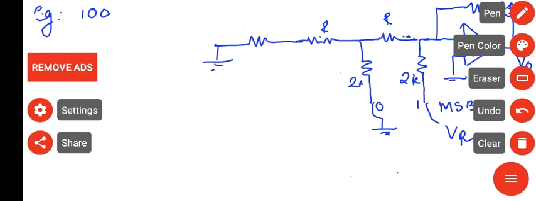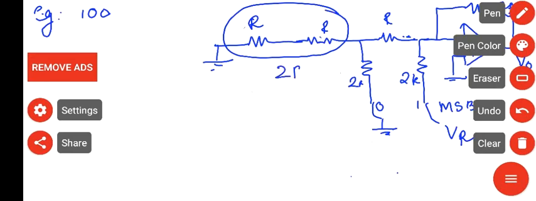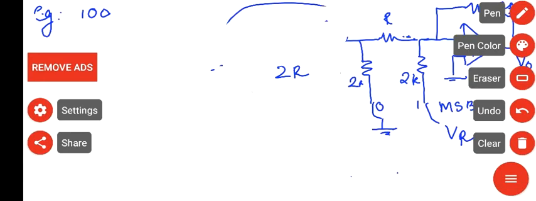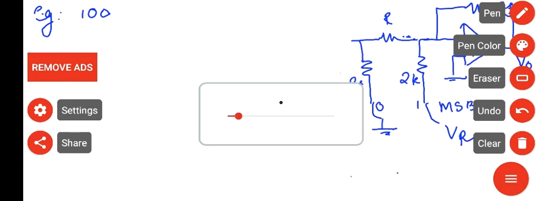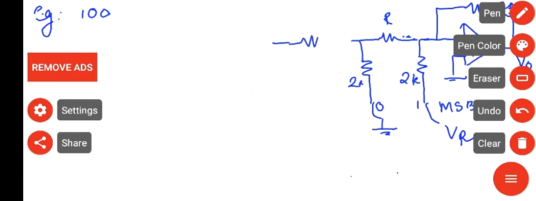It is grounded. This is R. Then this R and R are in series combination, so the resultant resistance is 2R. Replace this R and R by 2R. This is grounded.